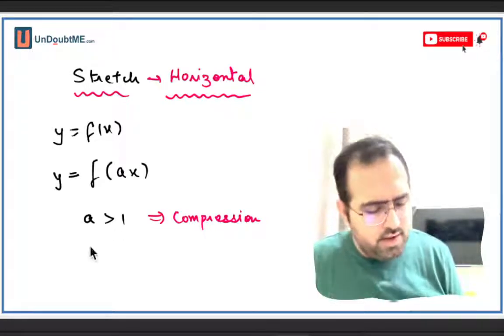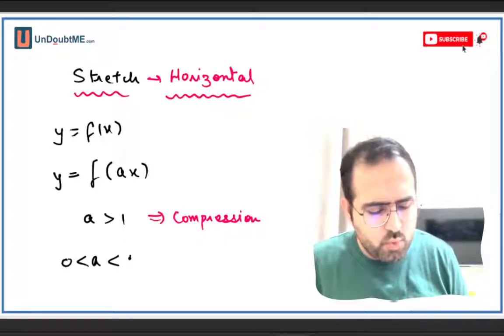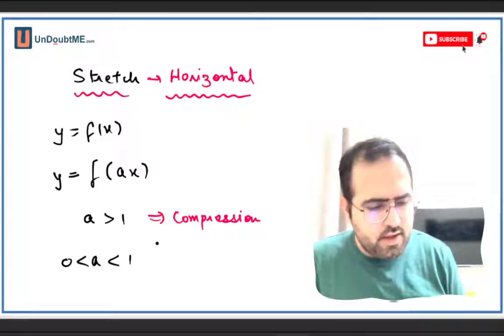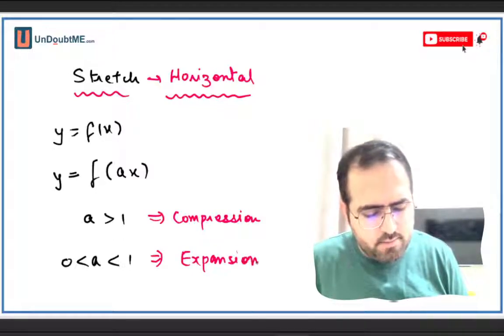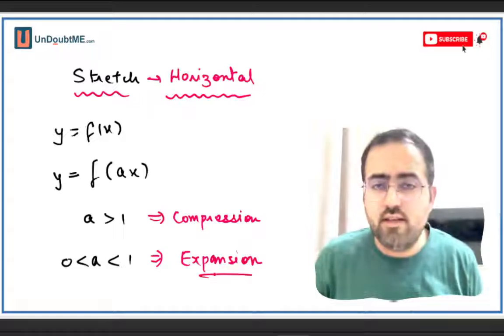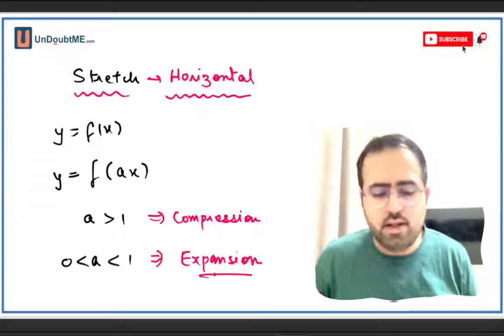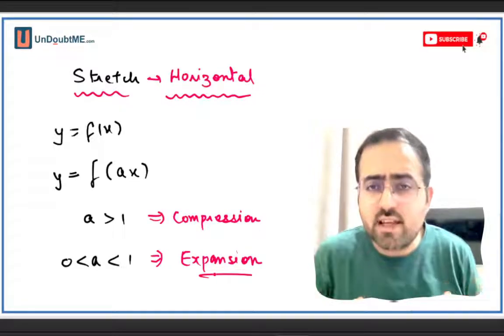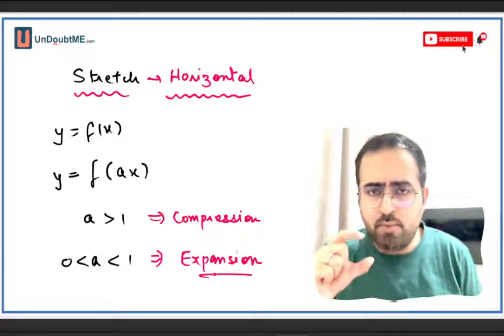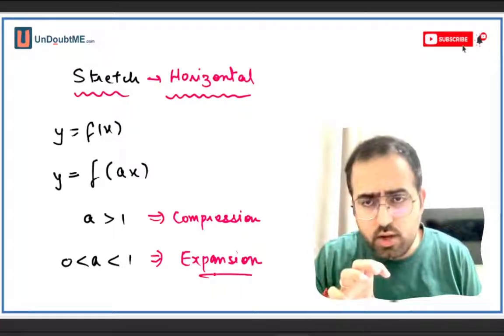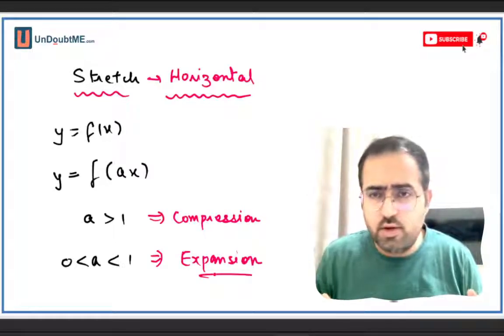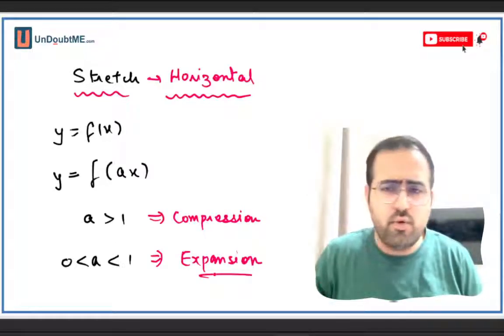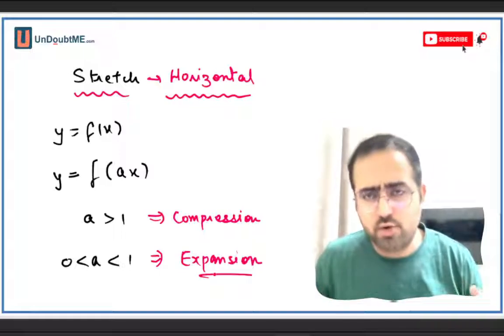Similarly, if the value of a is between 0 and 1, it will be expanded by that factor. For example, if I have y is equal to sin(x/2), the value of a is 1/2, so that graph will be expanded by a factor of 2. So we can say that the time period and frequency, everything, will change according to that.